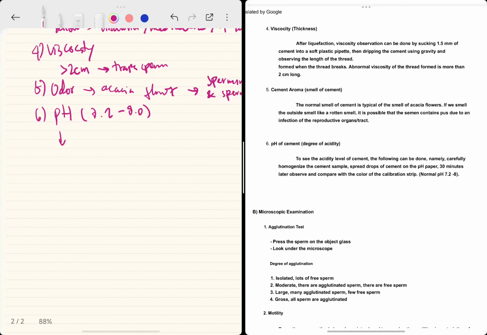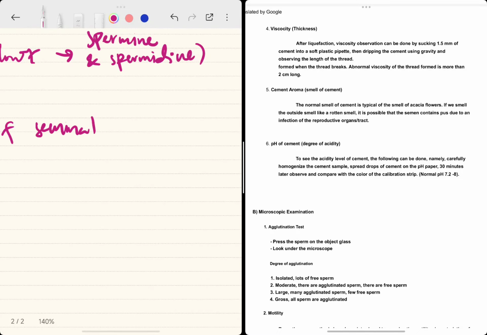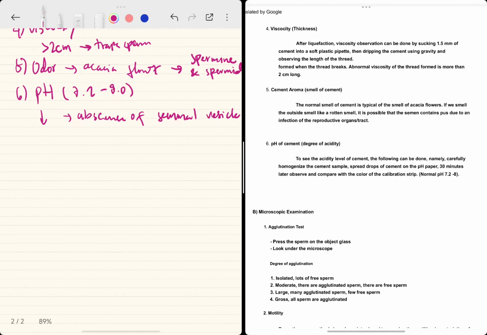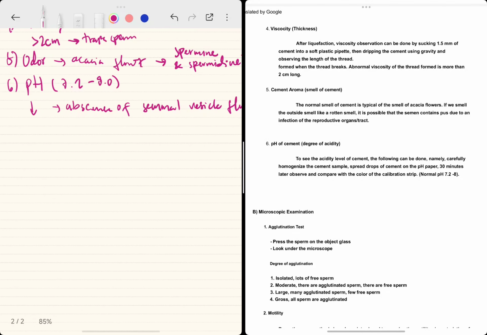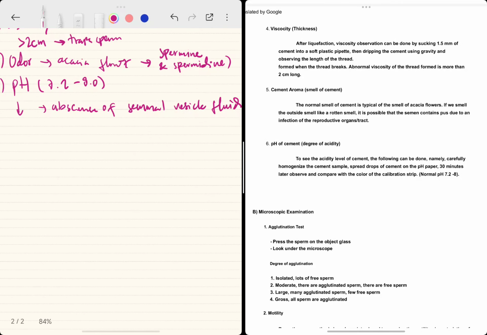If it's too acidic, it's because of the absence of seminal vesicle fluid, or obstruction. But if it's too alkaline, it's because of acute infection or prostatitis.